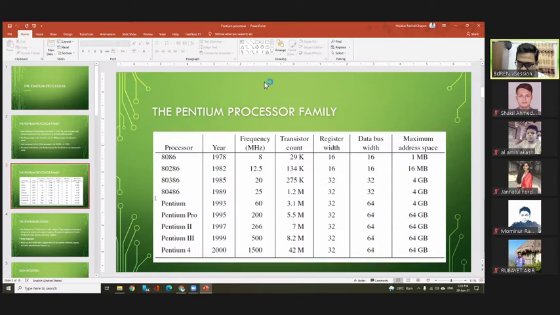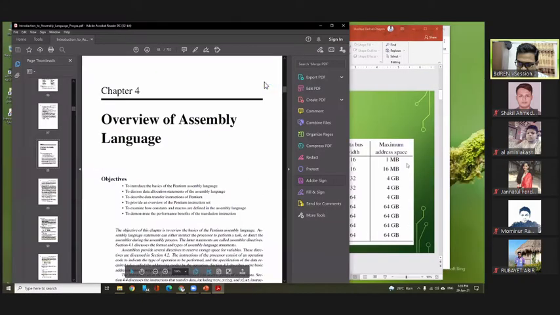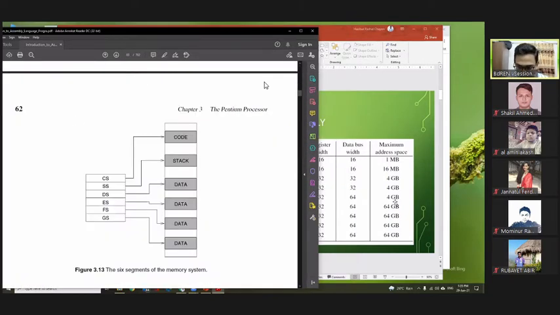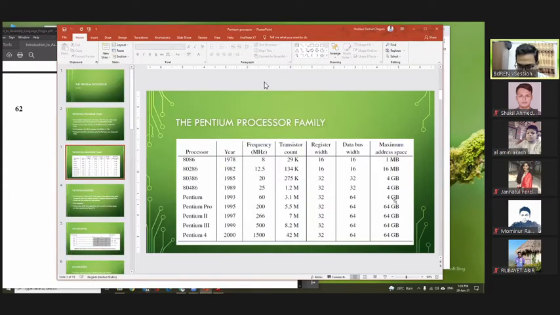I think our address bus is 20-bit long. So yes, 20-bit long. The size of the data bus and the size of the address bus are not the same. Another example is this one. Look, its data bus is not this one. This one. Its data bus is 64, but we have 64 GB.